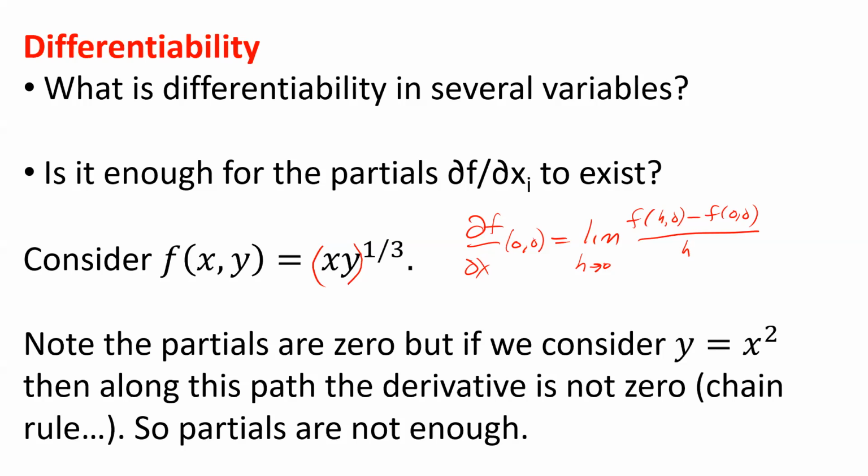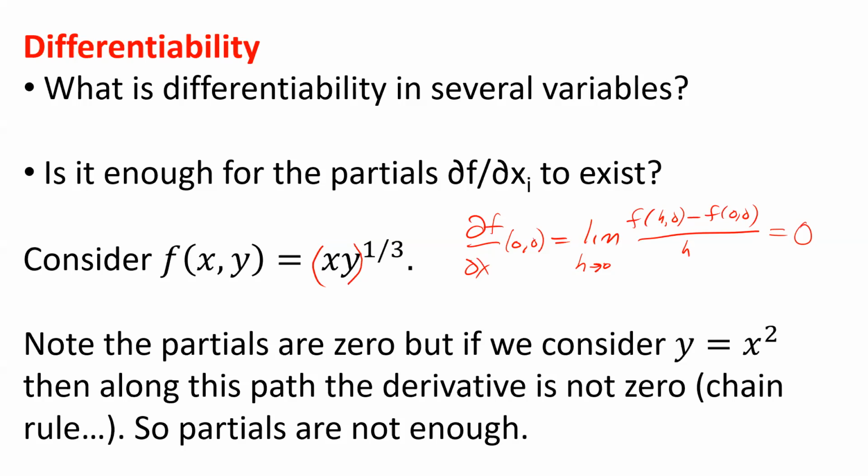That's just h times 0 to the 1/3. So it's always 0. Because in the limit as h goes to 0, h is never equal to 0, we just get 0. So the partial derivatives along the coordinate axes for this function are going to be 0.